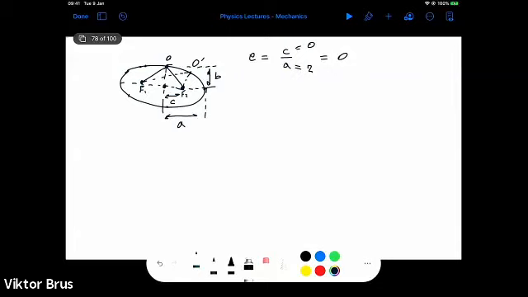So let us consider this case in more detail. Let's have a sun, and we have some elliptic orbit, not perfect, but it's okay. So here we have a planet with some mass.